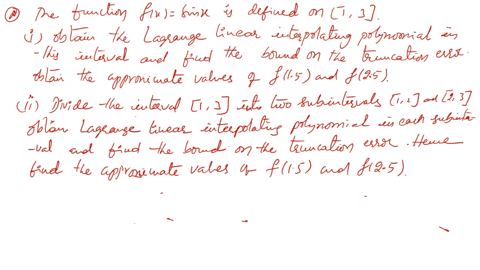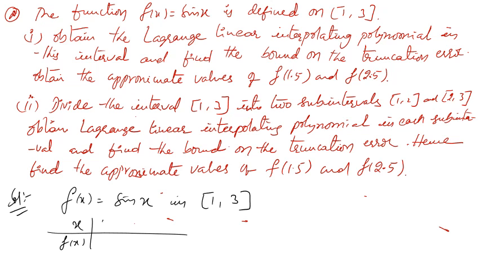Here there are two problems. The function is given as f of x equal to sin x. Function is given. And what is the interval? For the first problem, 1 comma 3 is given. So find the data. I am giving x versus f of x.